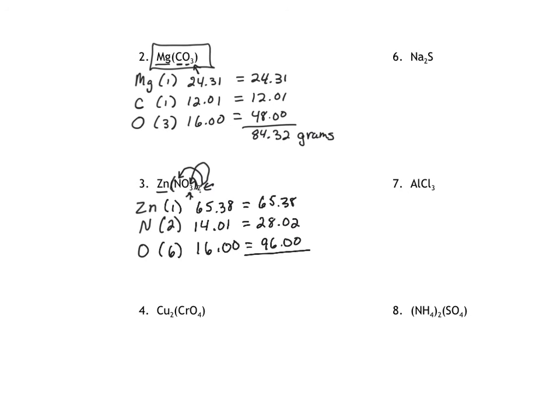So 96.00 plus 28.02 plus 65.38 equals 189.40. And again, change the unit to grams. So you can see, adding these up, you're just adding the number of atoms in each in the compound.